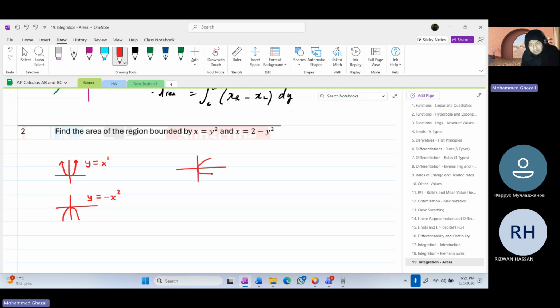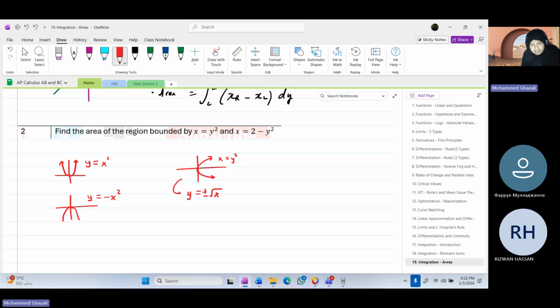This is x is equal to y squared. Sideways curve. You can also think of this curve as y is equal to plus or minus the square root of x. So the positive square root of x is going up, the negative square root of x is going down. Nothing difficult here.